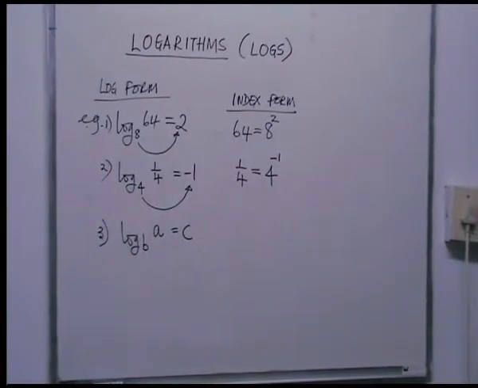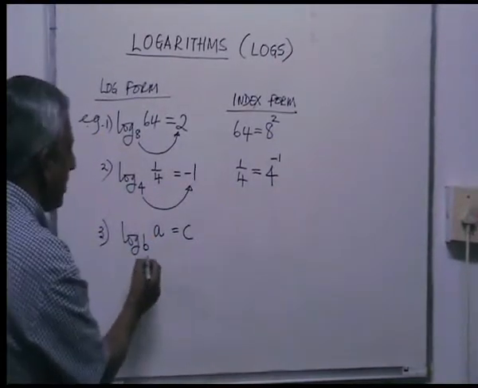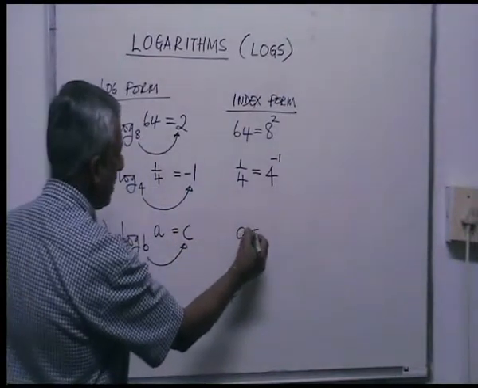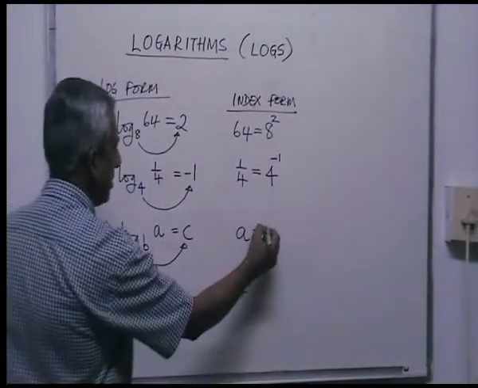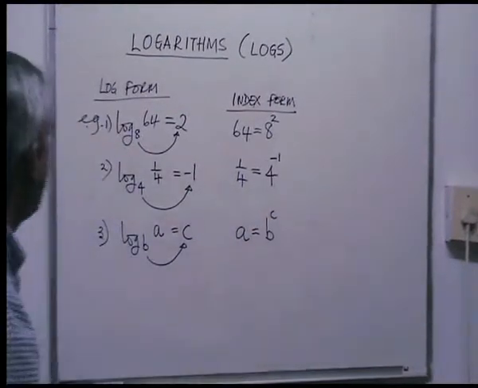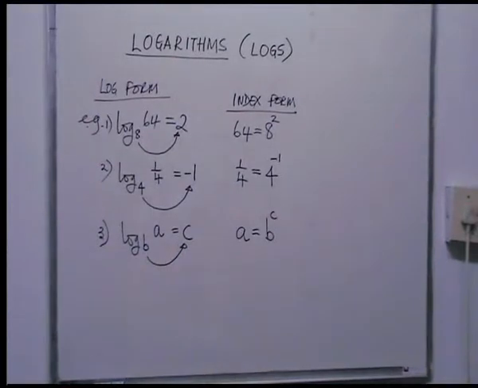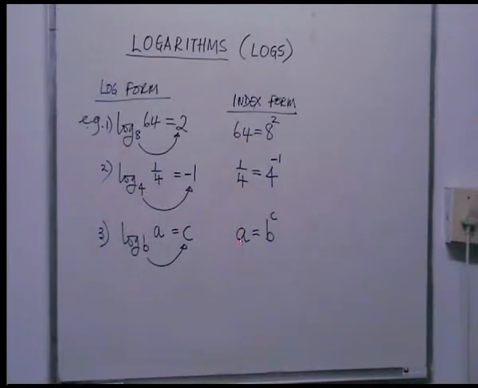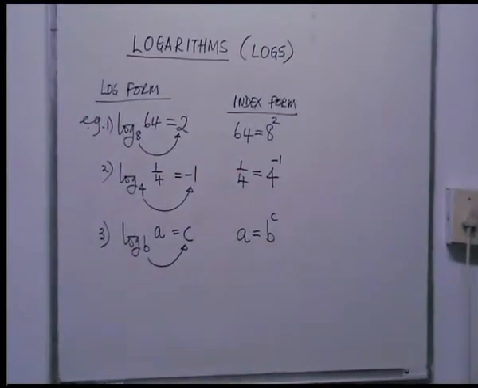So once again, to convert this, I can just do a little arrow like that. So A is equal to B to the C. These are all in log form and there you have written them in index form. You must be able to write from log form to index form, and come back from index form to log form.